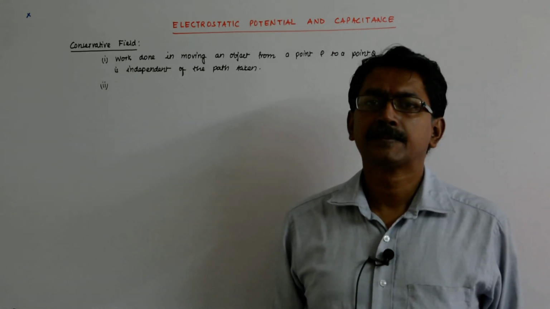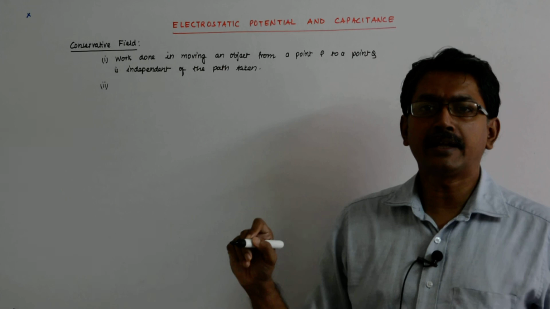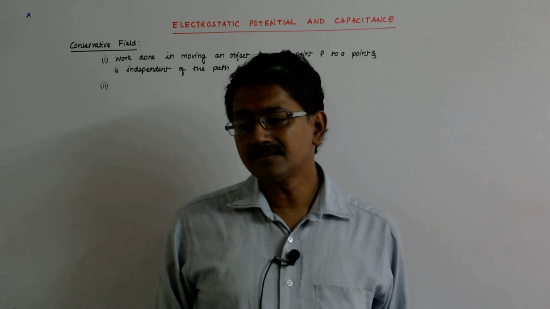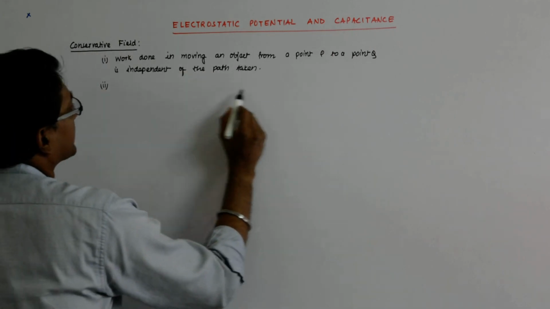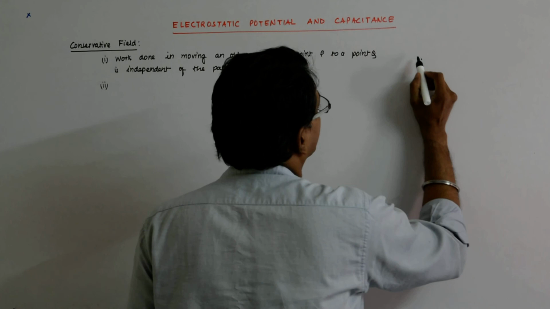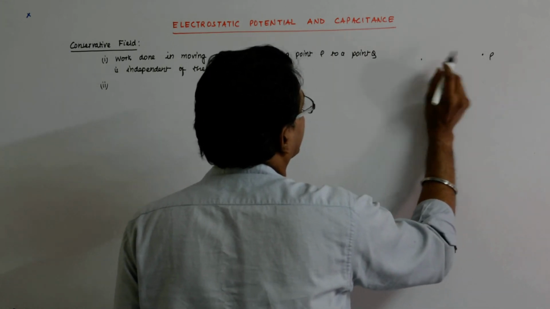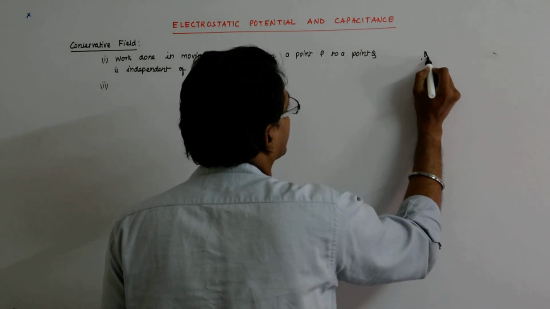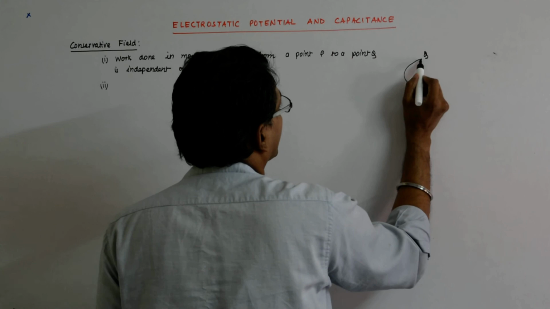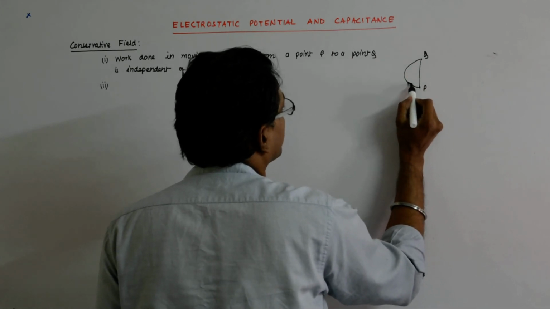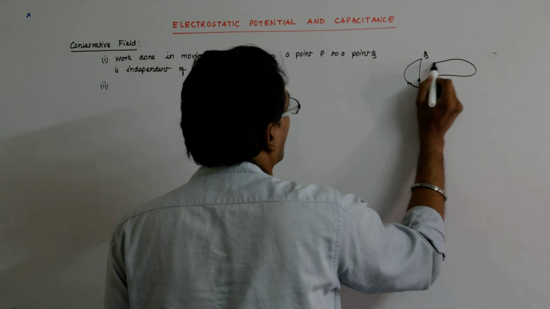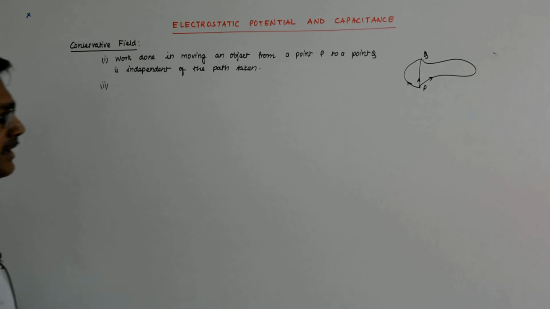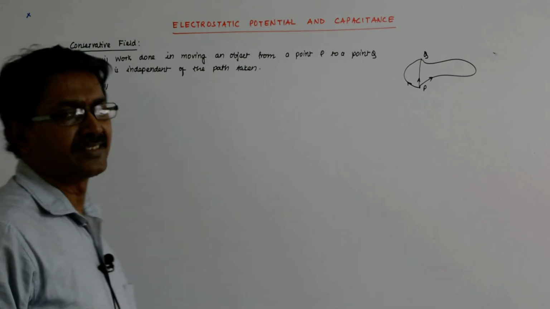That if I go around in a closed loop and come back to the same point, the work done is zero. So it was something like this. Say this is point P and this is point Q, then whether you go like that or you take a straight path or you go like that, whatever you do, you'll do the same amount of work.